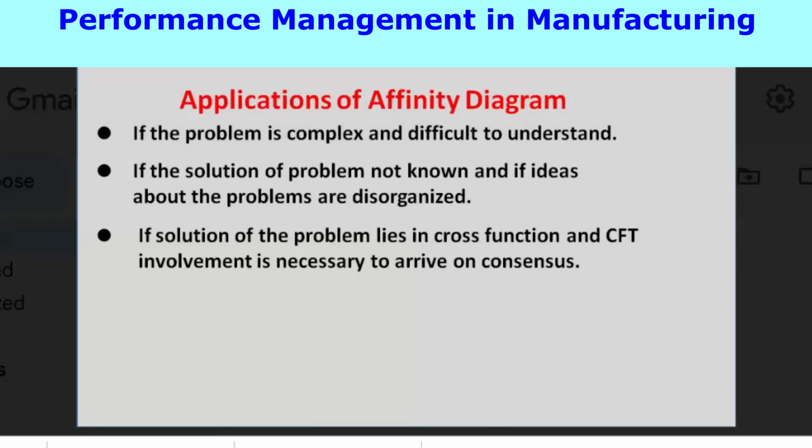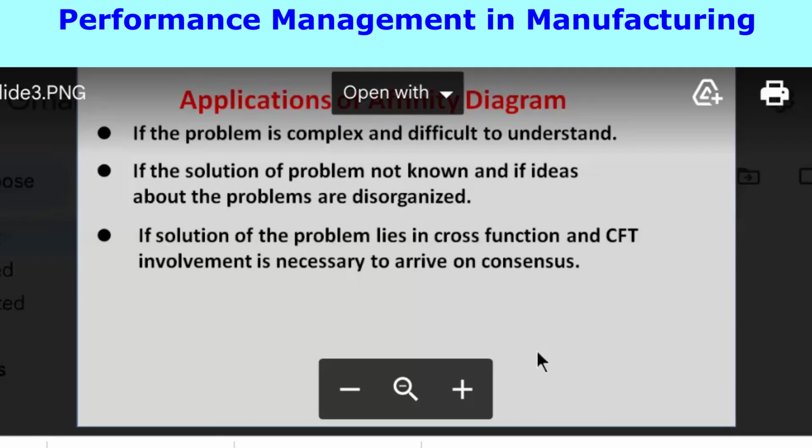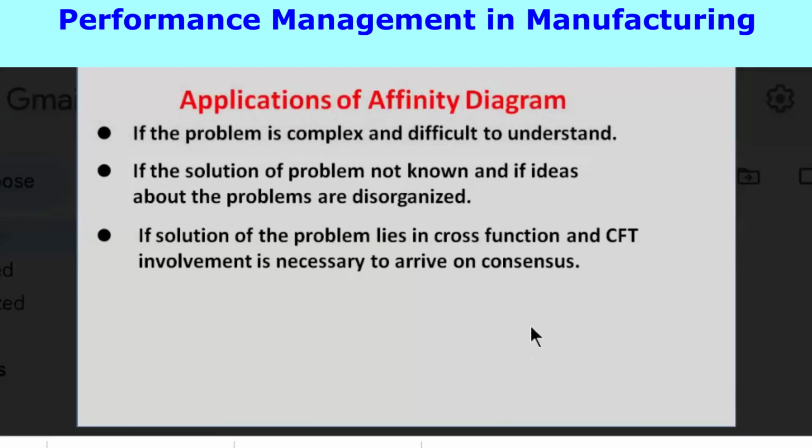If the problem is complex, if you don't know the solution, and if a cross-functional and large team is required, these are the areas where the affinity diagram is used. Just now we have discussed the definition, the applications, the construction, and where you can apply the affinity diagram.